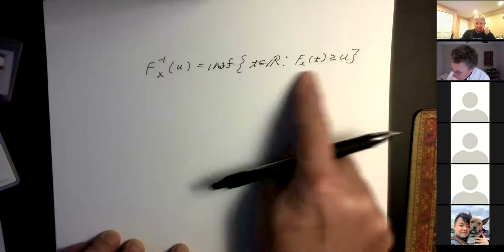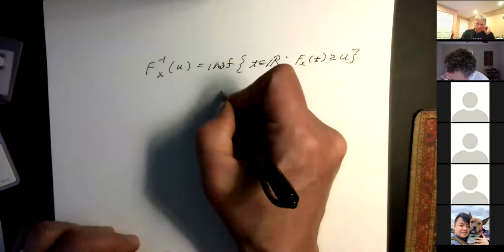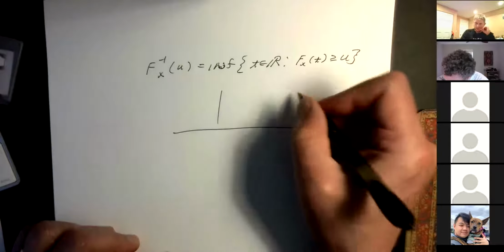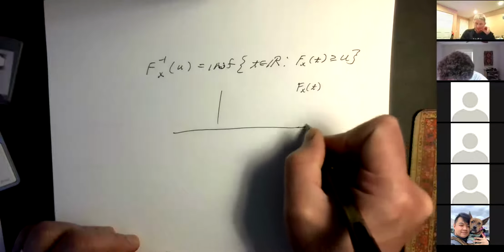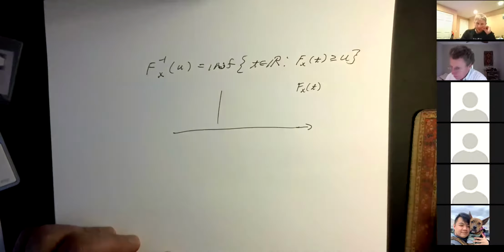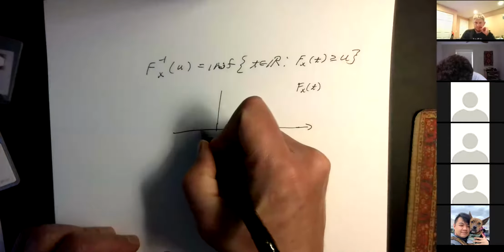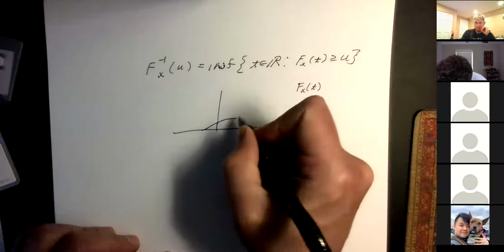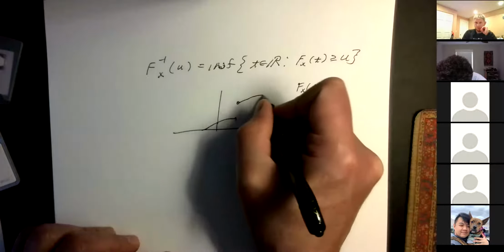The problem comes in when you have a discontinuity in F. So if this is F_X of t, where X refers to the random variable X, then if you have a discontinuity, it goes like this, and then at this point it's like that.